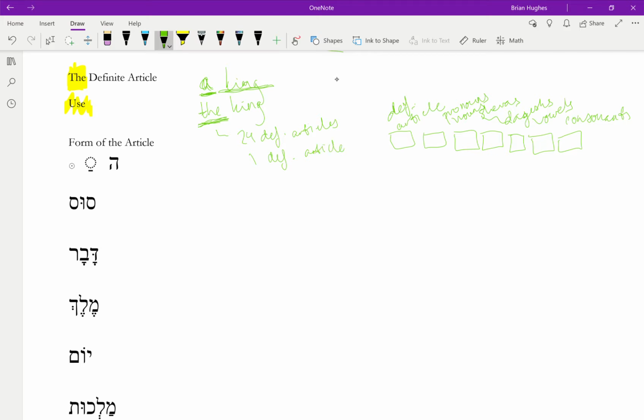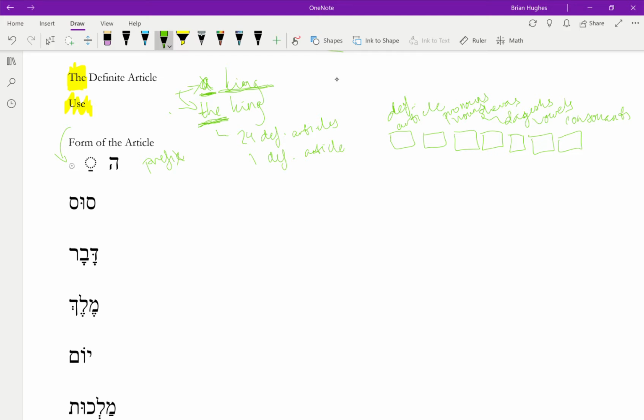And what it does is it's a prefix added to the beginning of a word. It changes that word from being indefinite, a king, or just perhaps king, to being definite, the king, the person doing this, or whatever. So the form that the definite article takes is a prefix on a word.